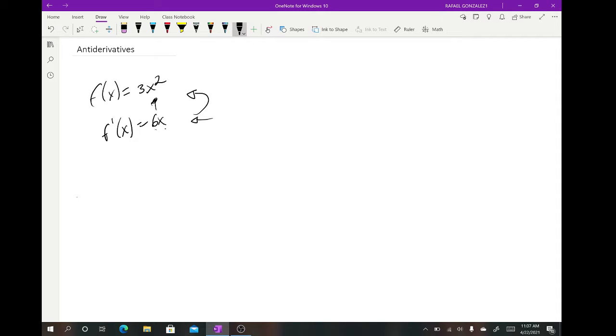Now, typically, you do the following. Suppose that somebody on the train tells you to find some function f.